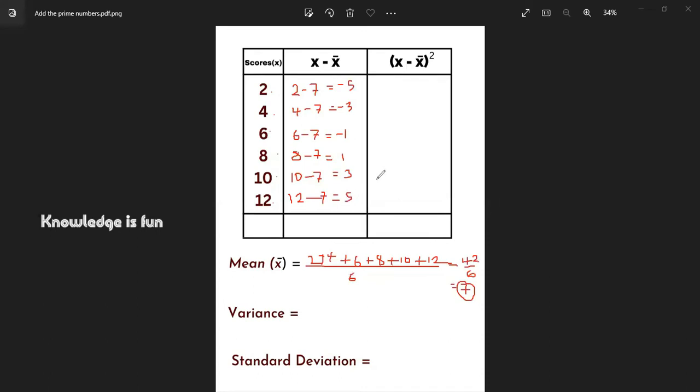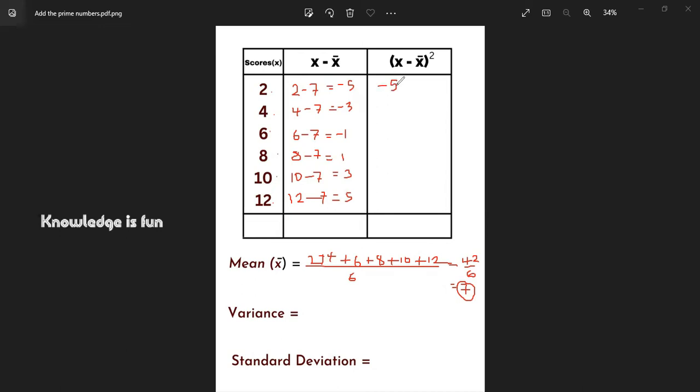Okay, beautiful. Now, in the last column, we are going to find the square of each of what we got here. So we are going to have it this way.